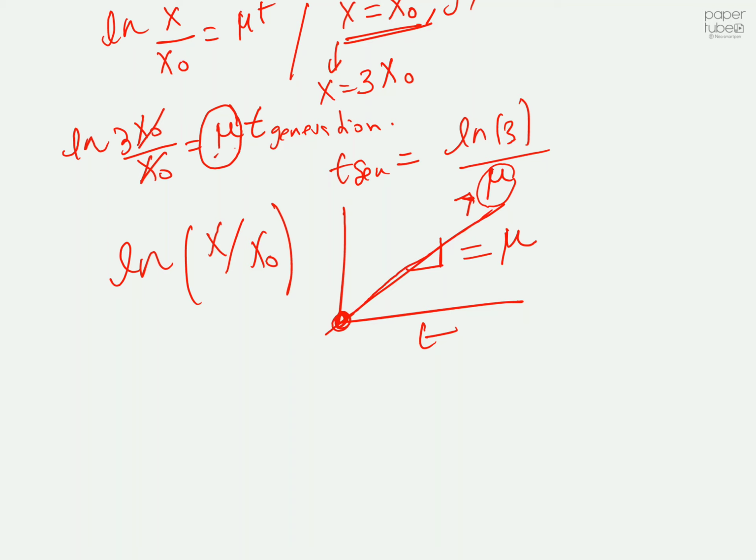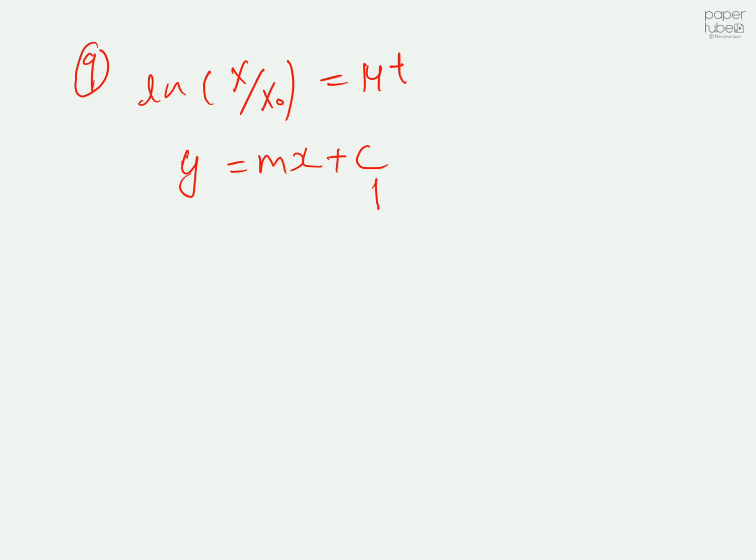So why is that? That's because this is a linear expression. On page number 9, ln of X by X0 equals mu t. This is a simple linear expression, same as y is equal to mx plus c. In this case, your c value is equal to 0. Which means if you plot x versus y, you will get a line, and that intercept will pass through 0, 0.